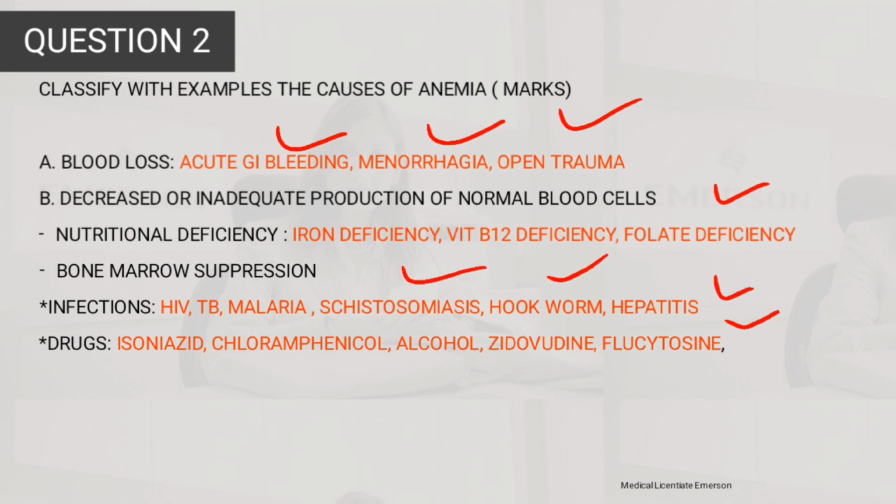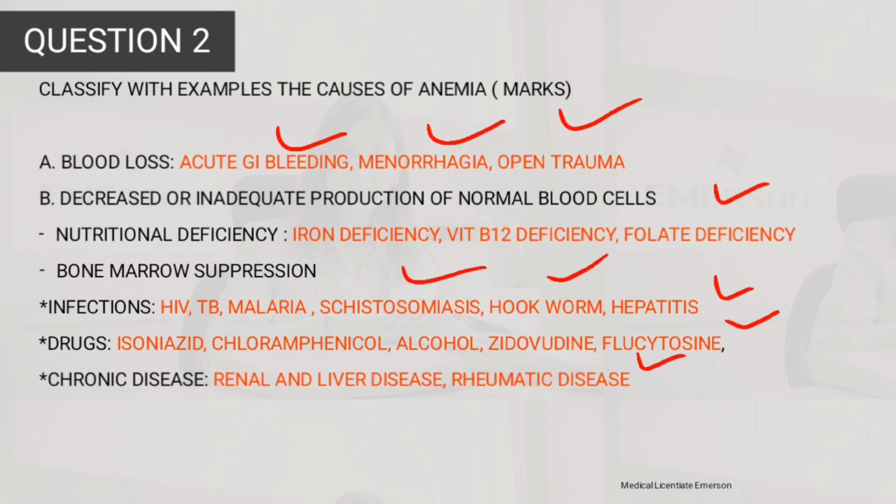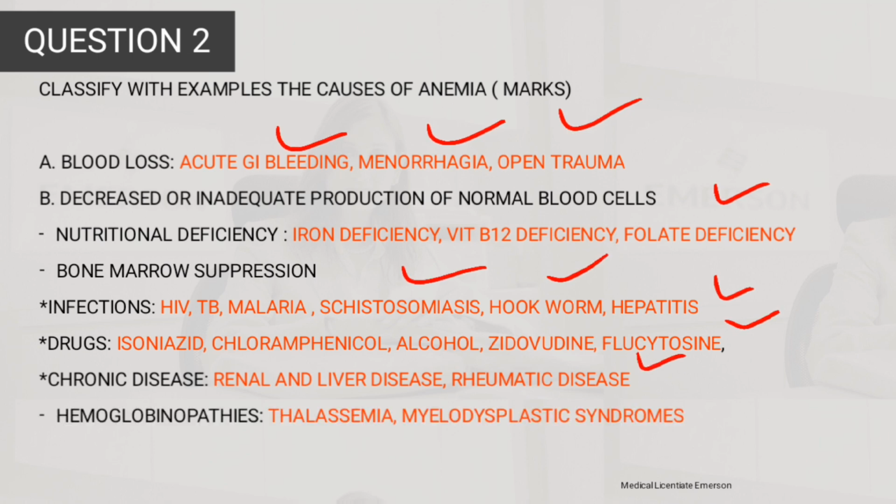These are some of the drugs under the bone marrow suppression part. Then for chronic disease, you can have renal and liver disease, and rheumatic disease as well. Then hemoglobinopathies, we can have thalassemia and myelodysplastic syndrome.